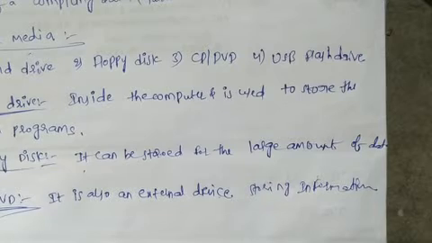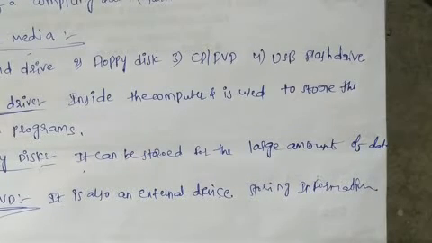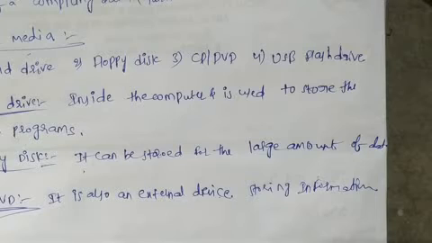External device means sometimes the computer's total GB are completed. It means some particular computer is 64 GB, and the 64 GB is totally full. At that time, some particular important data is there. How do you store that important data?